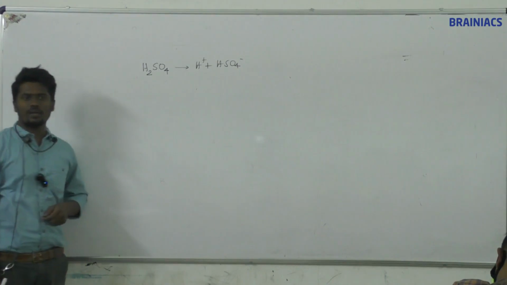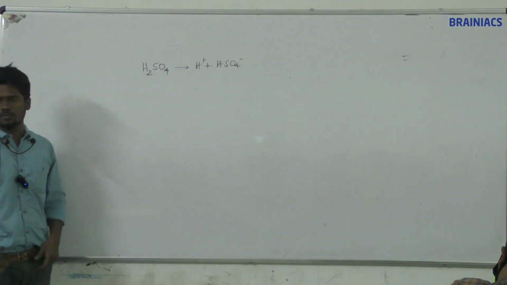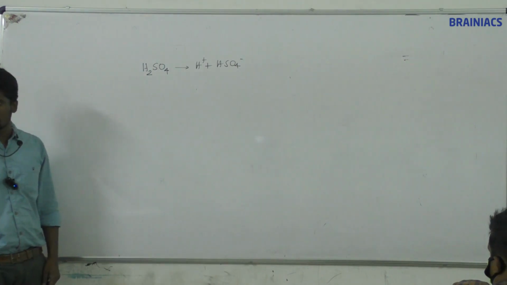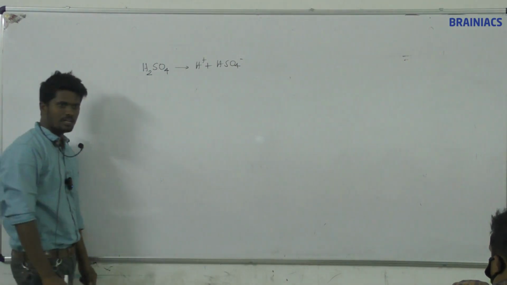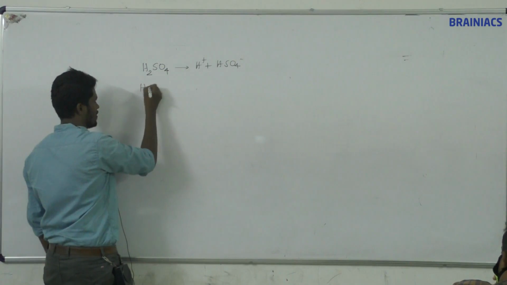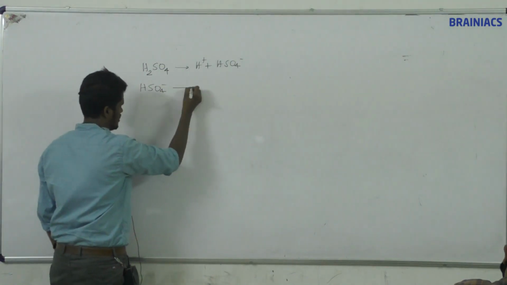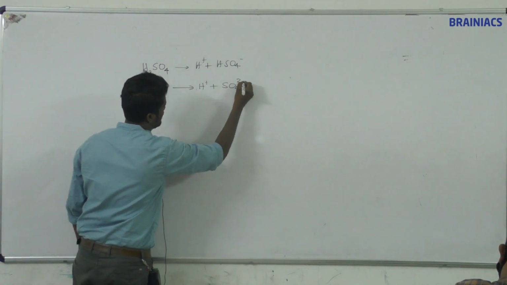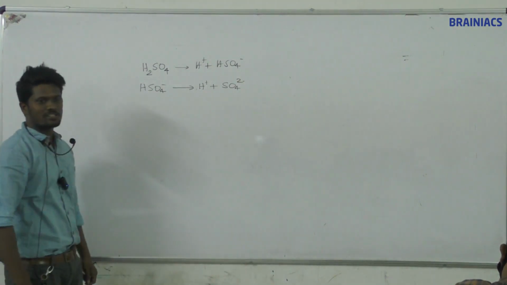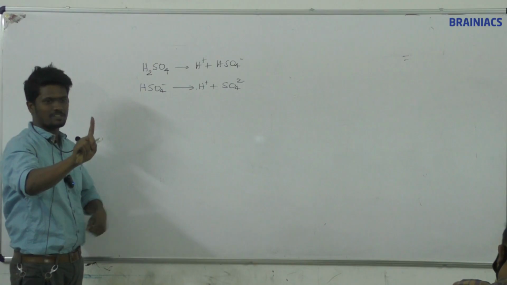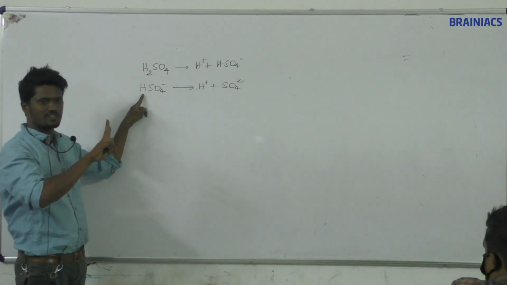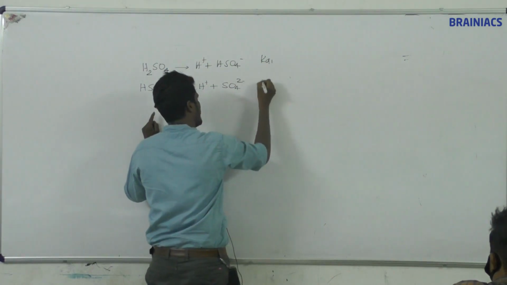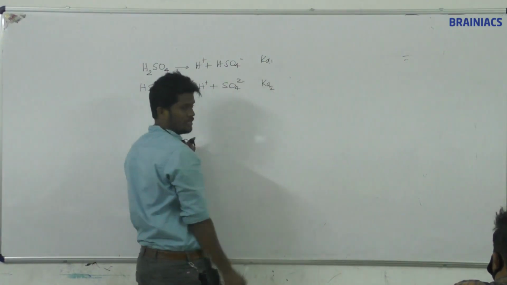Does it ionize in a single step or double step? HNO3 ionizes in a single step and H2SO4 ionizes in a double step. So what about the dissociation constants Ka1 and Ka2?